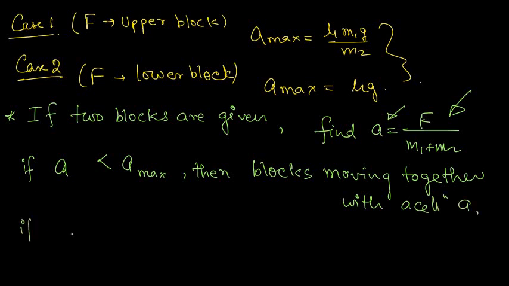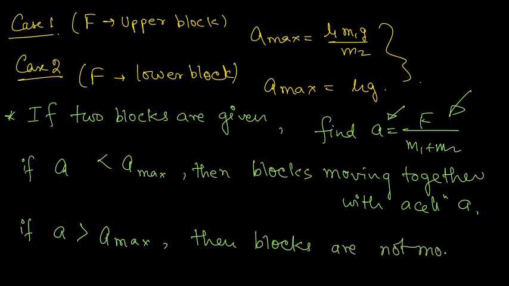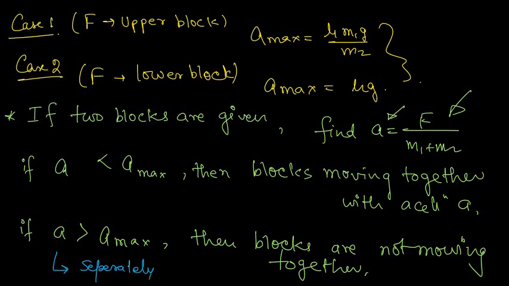And if a is greater than a maximum, then the blocks are not moving together. So you can do a quick check whether the blocks are moving together or not. If the blocks are not moving together, then you have to separately calculate the acceleration again.